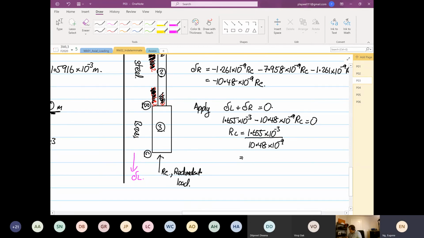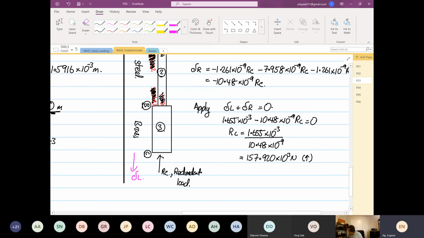So your RC is equal to 157.920 times 10 to the power 3 Newton, and it's going upwards.